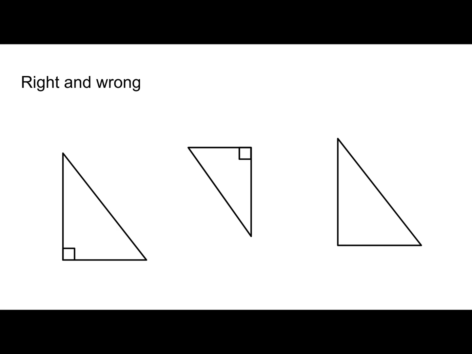Right and wrong, obviously there's no such thing as a wrong triangle, but in terms of right triangles, all you gotta do is look for this little box in the corner there. Hopefully you all know this, but just getting us all on the same page, which means 90 degrees. And it doesn't matter where it is, it can be up in this corner too. And for this one, you couldn't really assume that this was a right triangle. You don't really know because there's no box, there's no 90 degrees, there's no nothing.